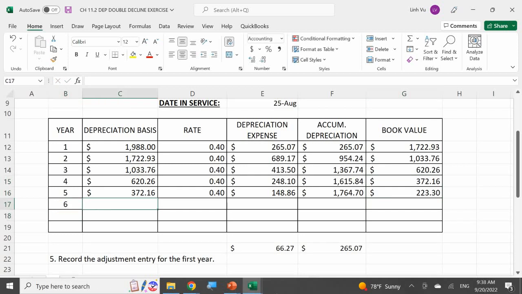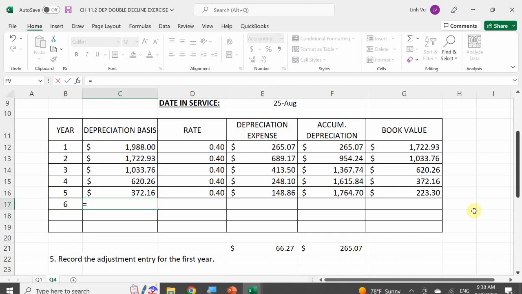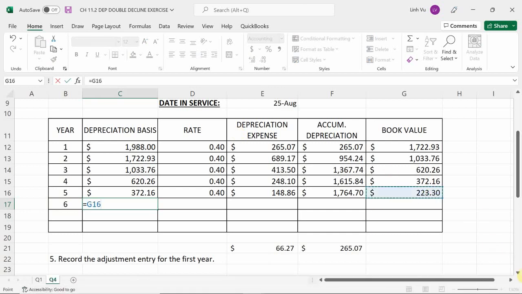Now, if you go ahead and process the year 6, what happens? Go ahead and calculate my year 6.